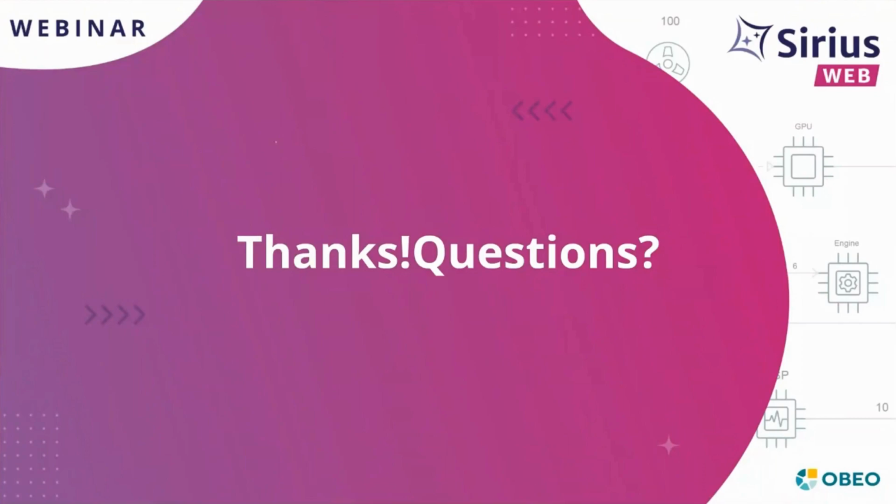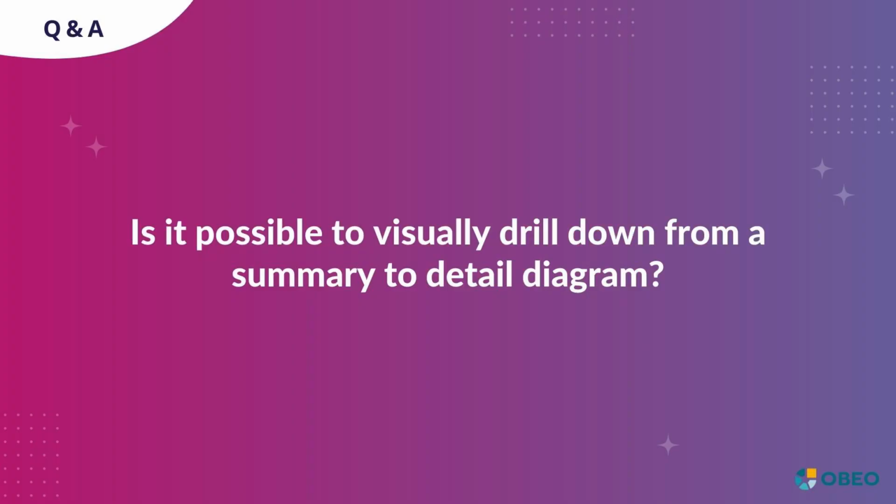Okay, so I have one question. Is it possible to visually drill down from a summary to a detailed diagram? So I'm not sure I understand the question, but yes, in the end, you are able to create different kinds of representation.